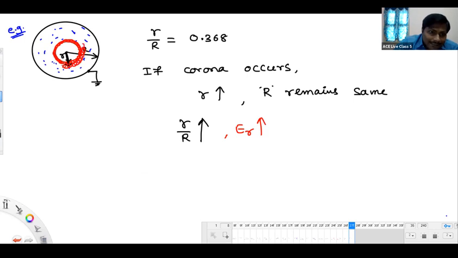If the corona gets extended in this manner, what will happen? The smaller value further increases, and smaller by Kepler further increases, and the E smaller value further increases. Then again the corona will be extended, such that this corona may extend towards the sheath. The cable is going to be completely damaged.